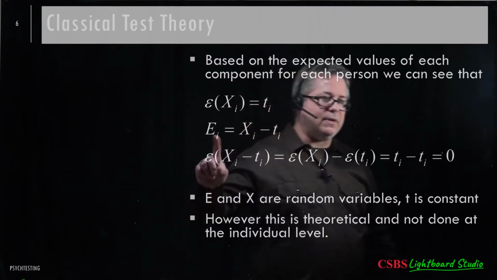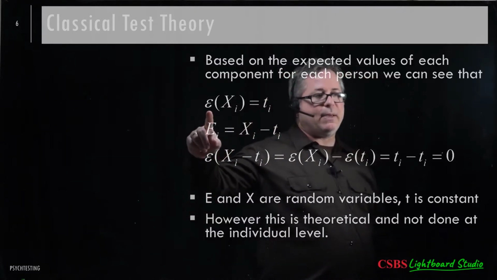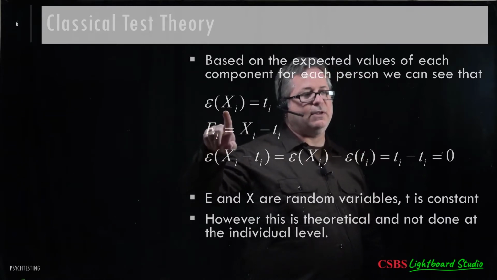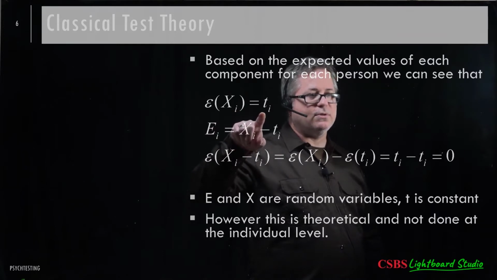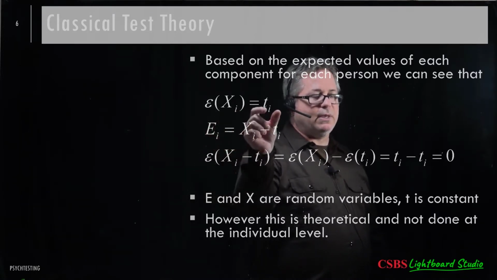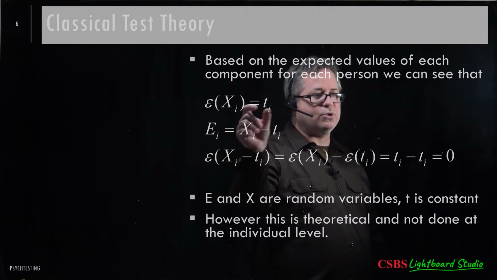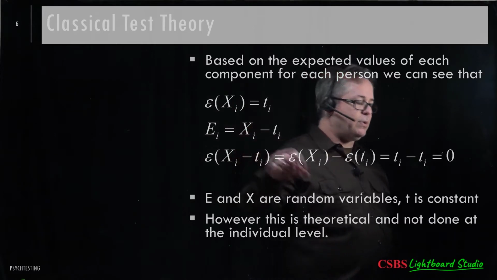So what this is saying is, one of the assumptions under the true score model is that the expected value of any score on a test for an individual person is just their true score. So the long run average, if you were to do that over again, would be the true score. So this is what we expect their score on X to be, their true score.